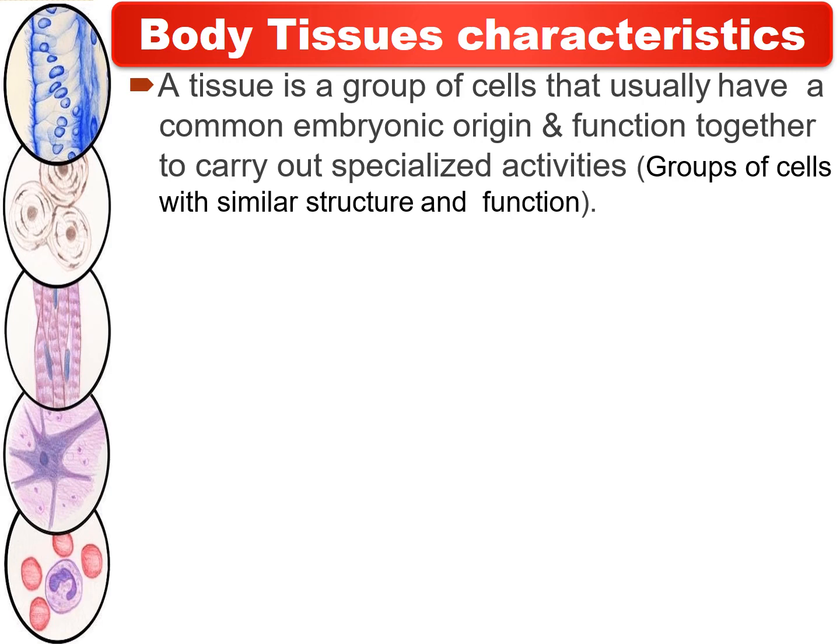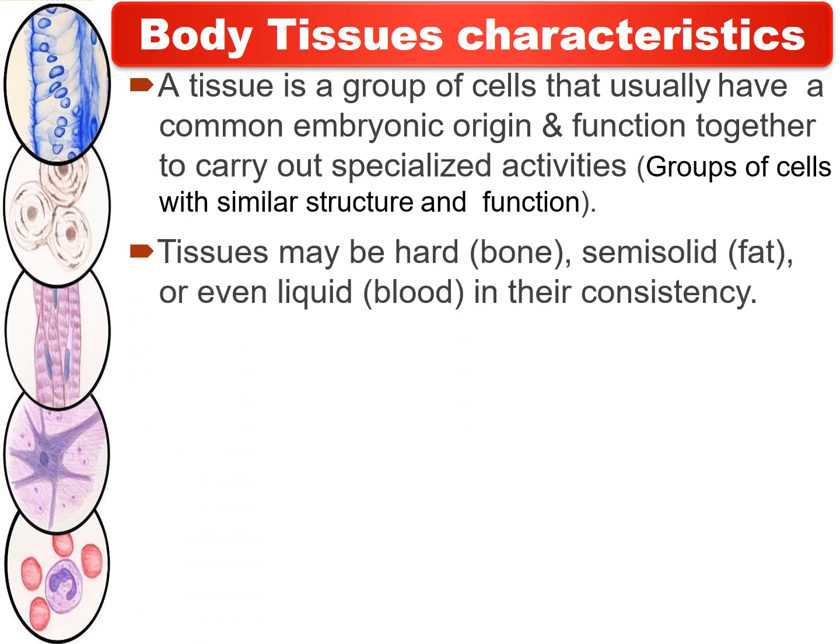That is, a group of cells with similar structure and function. We already discussed their common embryonic origin and their function. On the basis of this, we can answer the question: what are the characteristics of a tissue?